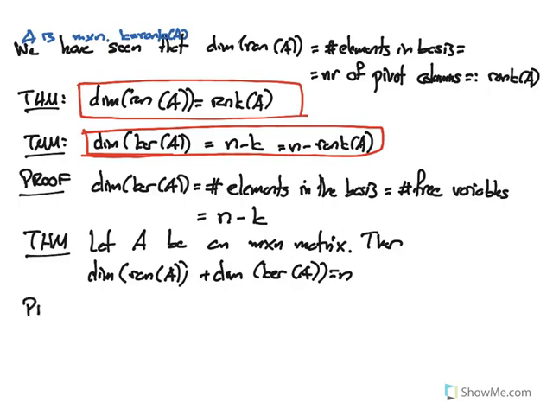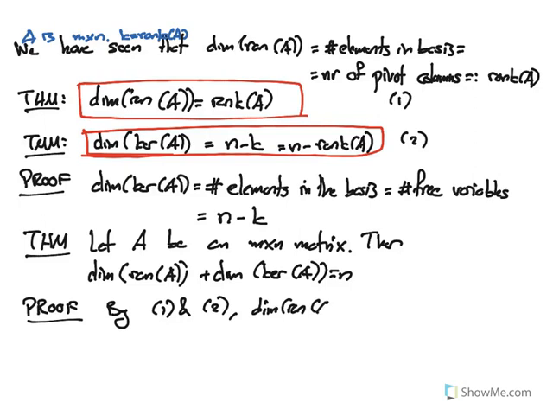And the proof here is very easy, of course. So if we take 1 and 2 and we add them, by 1 and 2, the dimension of the range plus the dimension of the kernel is equal to k plus n minus k, which is equal to n.